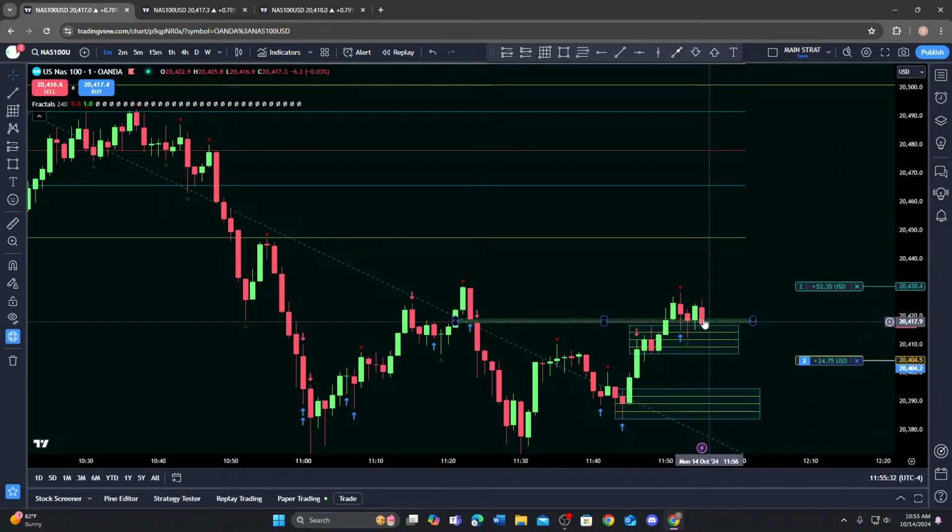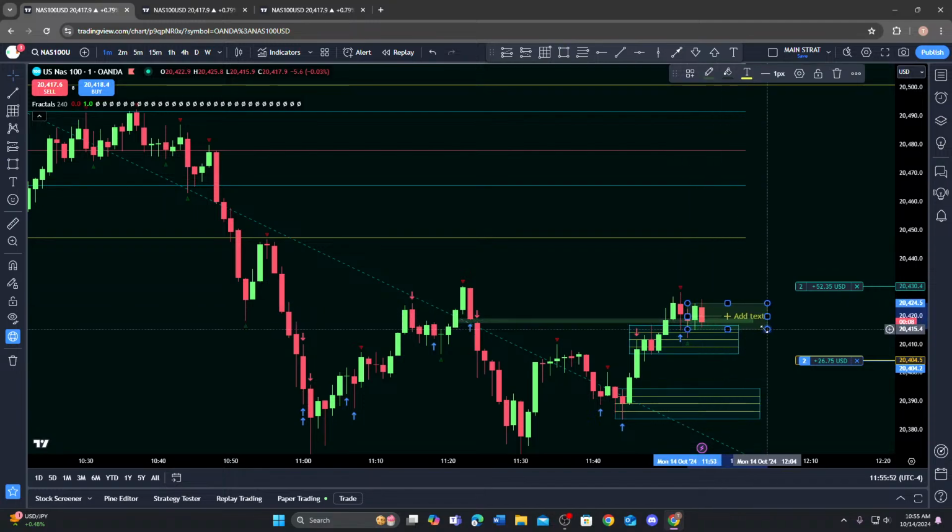Got 30 seconds left of this candle. See what it does. At this point, now we could have a change in order flow.